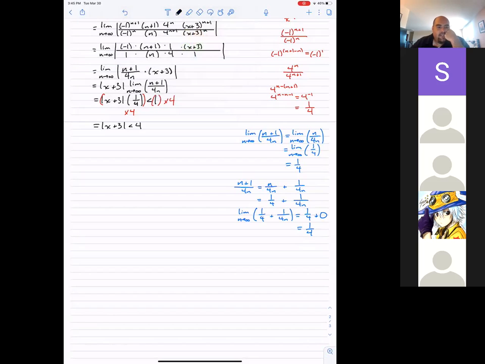Cool. All right. So from here, I'm done with the limit. I think I'm ready now to figure out what the interval of convergence is. So where do I go from here?